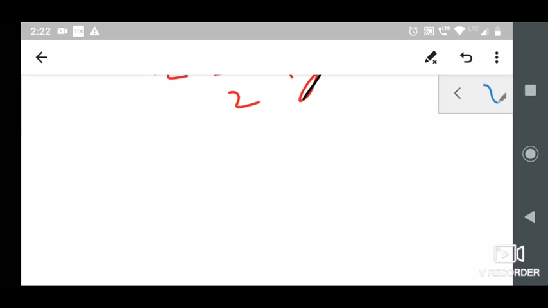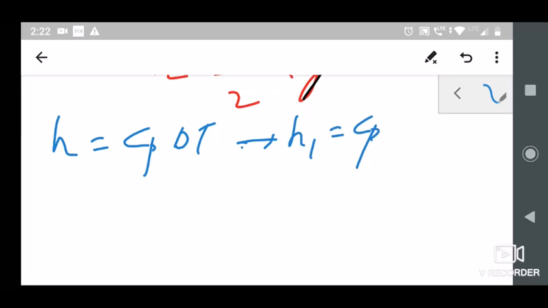For air you cannot apply H equal to U plus PV; you write enthalpy H is equal to Cp delta T. So this can be written as H1 is equal to Cp T1 and H2 is equal to Cp T2. Being air, as you know, Cp for air is 1.005.